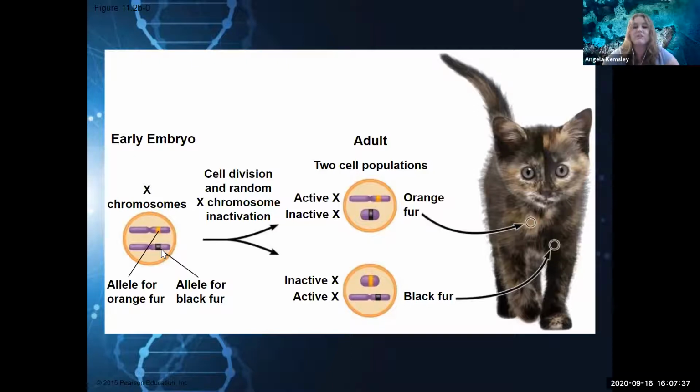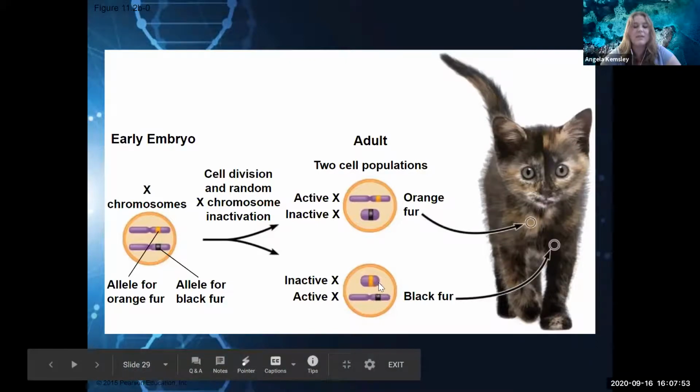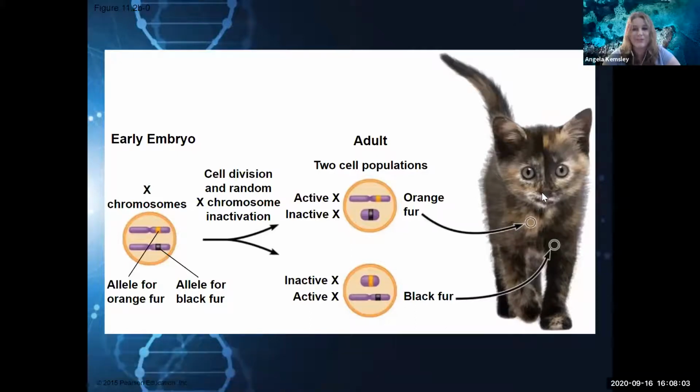There's cell division and random chromosome inactivation. In some of them, it is the chromosome for black that gets inactivated, so that will show up with orange for her wherever those cells are. Sometimes it will be the chromosome that coded for orange fur that gets inactivated. Therefore, whichever cells are like that will show black fur. So you get this nice little tortoiseshell pattern.